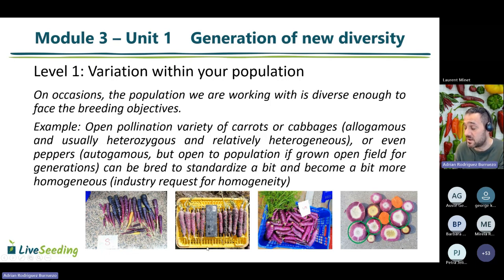We performed individual selections of about 100, 150 individuals, then they will be allowed to pollinate to create the seeds, but they will be open pollinated between these 100, 150 individuals.